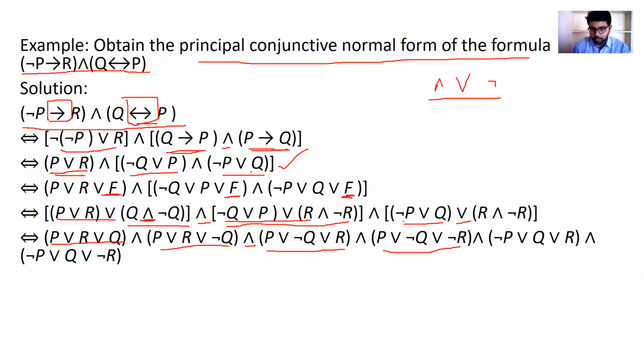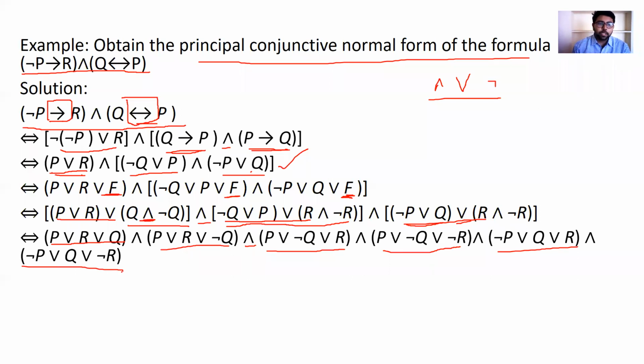And for this term, negation P or Q or R, I wrote this. Next, negation P or Q or negation R, this term.